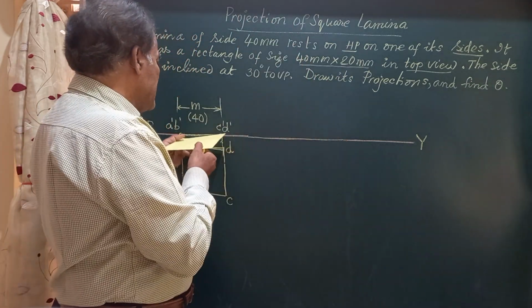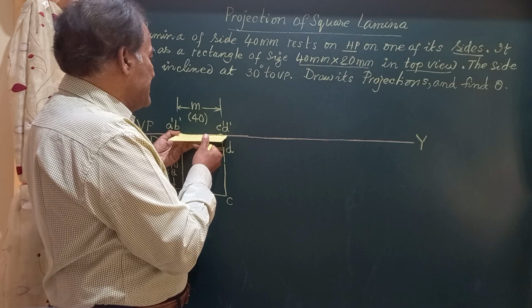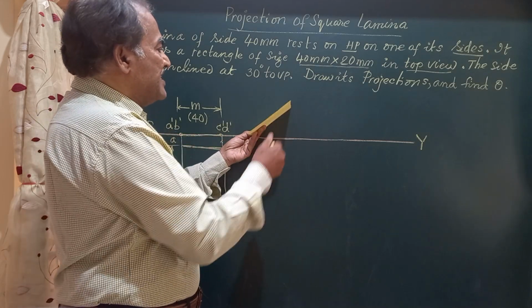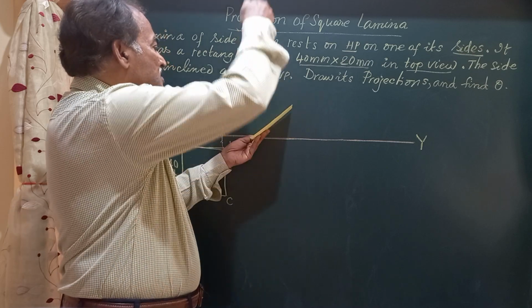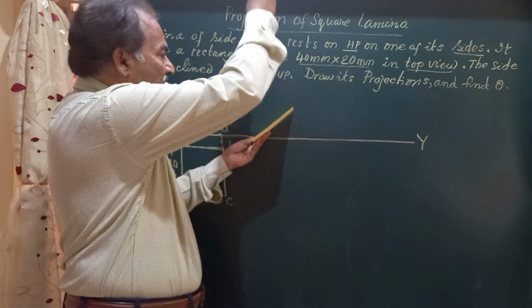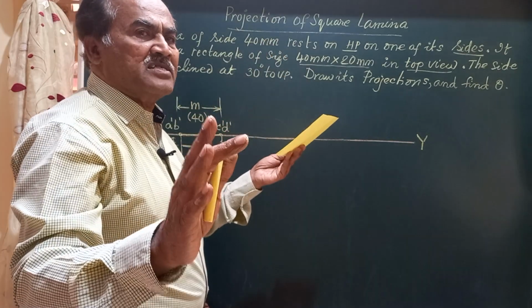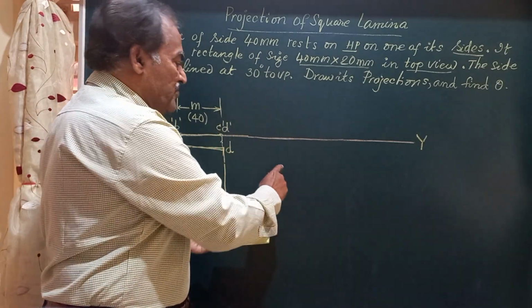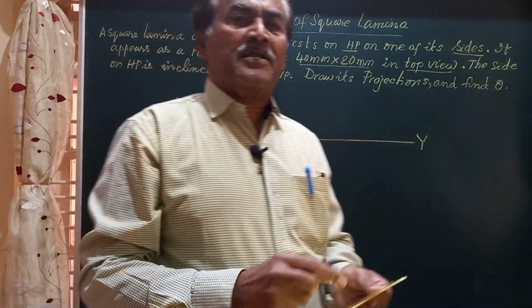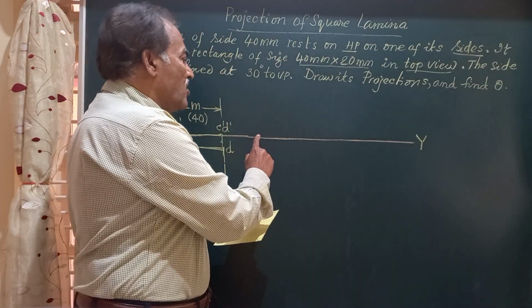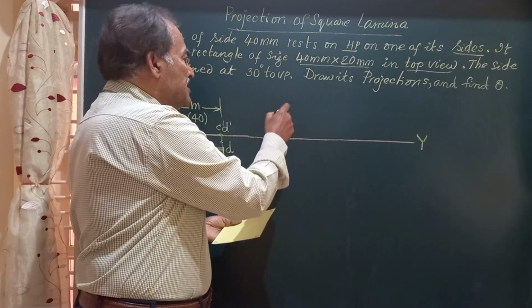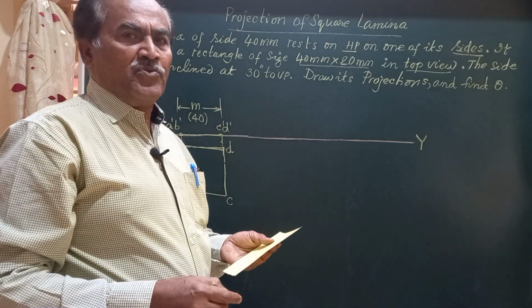So he says the lamina which was lying like this is kept like this, such that it makes an angle theta, and this surface when looked at from the top appears as a rectangle in the top view. So it is very clear that when the lamina is lifted on the edge AB on XY, it appears as a rectangle in the top view.